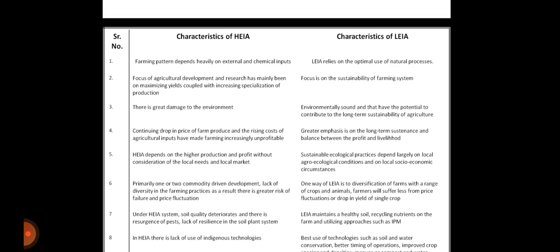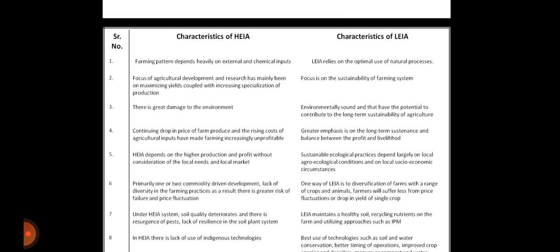But in low external input agriculture, one way is diversification of the farm with a range of crops and animals, so farmers suffer less from price fluctuation or drop in yield of a single crop.